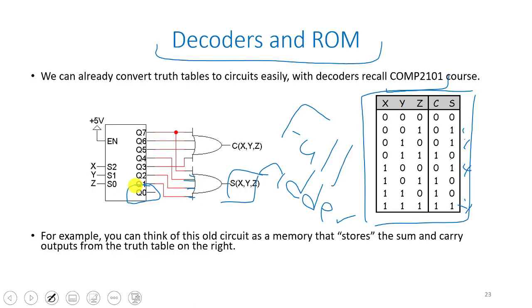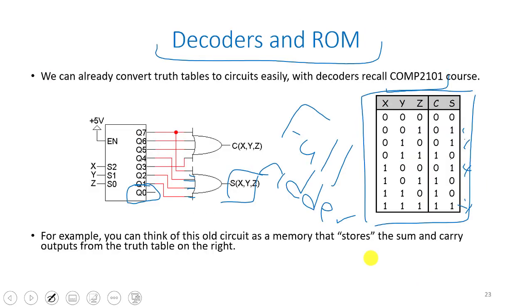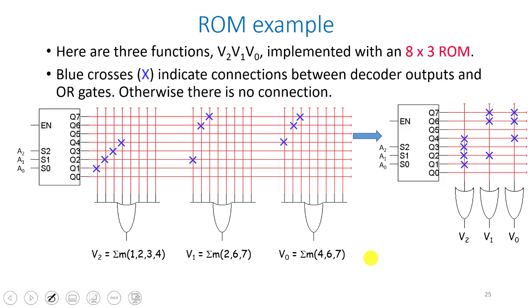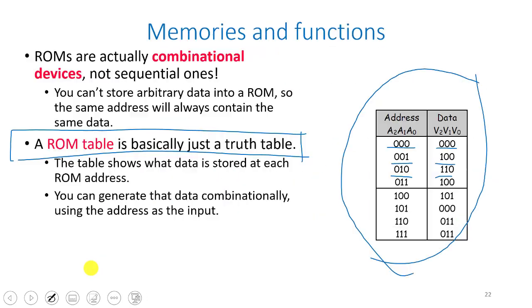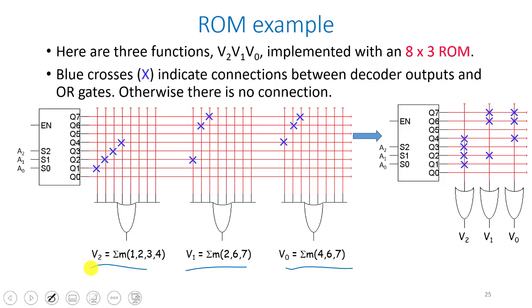So going back to this example, I have 3 outputs and I want to design them. I have V0, V1, V2. To do the design, we are going to put the values. Here is V0, V1, V2. This is sum of products. Remember sum of products in digital systems. Sum of products for V0 is 4, 6, and 7.